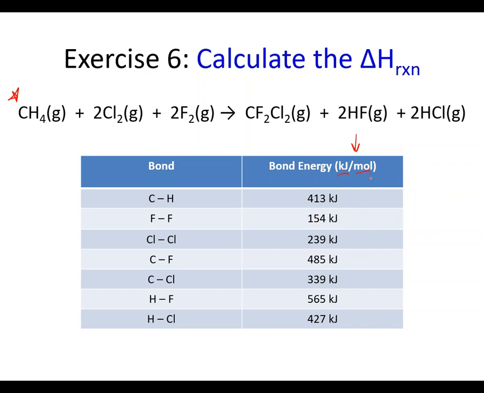They may give you the chart like this, or they may give you a link to a chart that's in the textbook, or a page to reference that has them on there that you look up the bond energies on. I don't believe it's in Appendix 2, but they will reference a page in the textbook, give you a link, or give you the table. So you have those possibilities. Of course, you're never expected to have these things memorized. This type of data would have to be given to you.